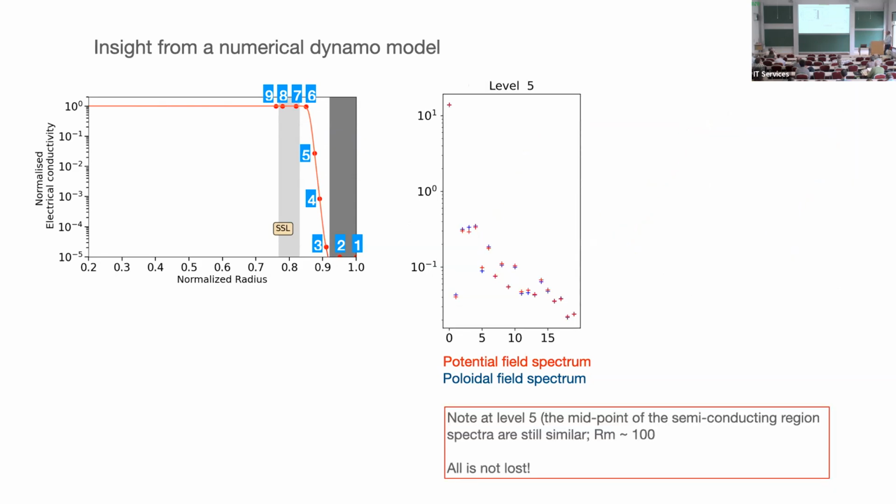So I would argue that all is not lost at level 5, the midpoint, or slightly above the midpoint of this region. The magnetic Reynolds number is now 100. So frozen flux is probably not a terrible approximation. And yet the spectra and indeed the RMS difference between these two fields is at this point quite small.